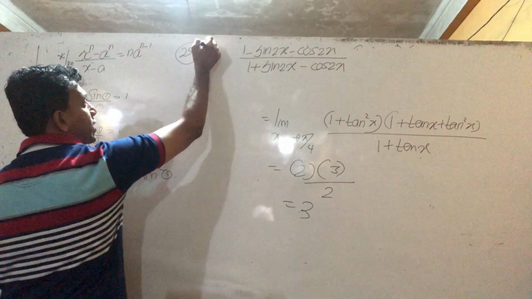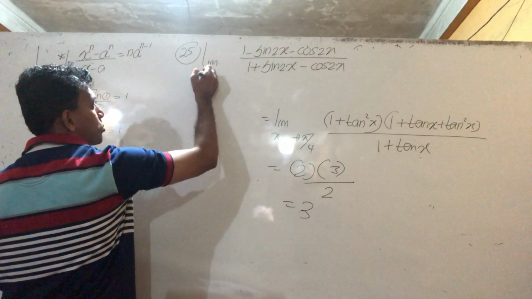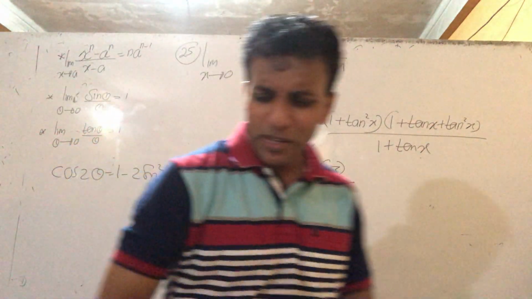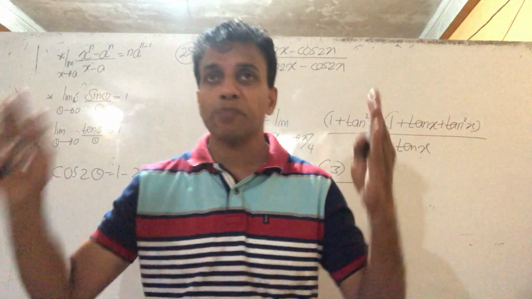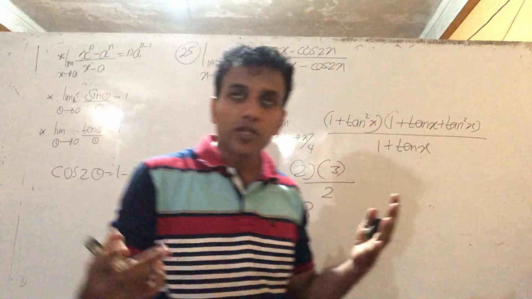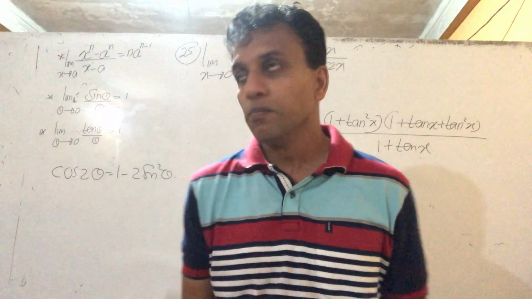Find the limit value of this when x approaches 0. Stop the video, try your own. That's the method, don't copy this. Try. There are various methods for a particular problem, but the final answer is the same. You also try. Sometimes yours may be easier than mine. Check that.